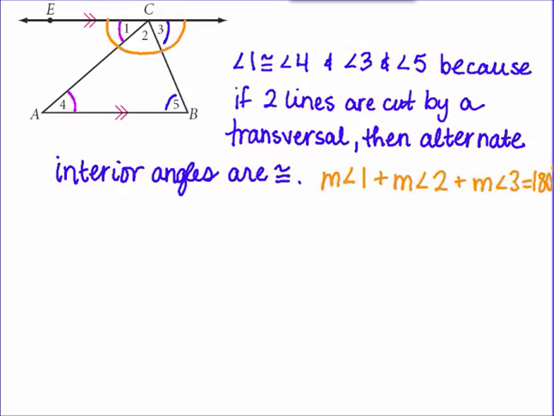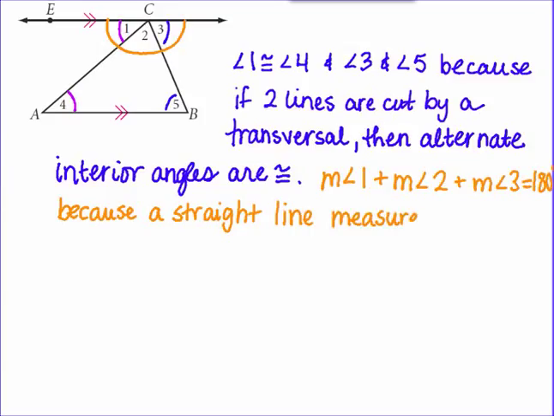Why? Because a straight line equals 180. A straight line measures 180 degrees. So you're using conjecture. So then now remember our goal. 2 plus 4 plus 5 equals 180.